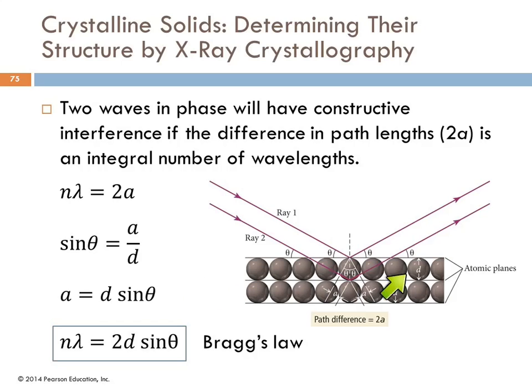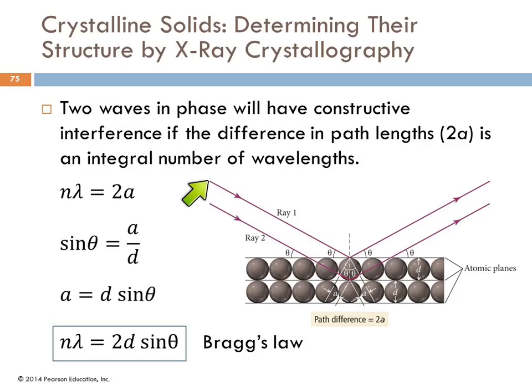So here's a row of atoms, and here's the row of atoms beneath it, and they're organized, they're crystalline. Well, when two waves come in, they're going to bounce off of these atoms. And if the waves are in phase, they're going to have constructive interference.